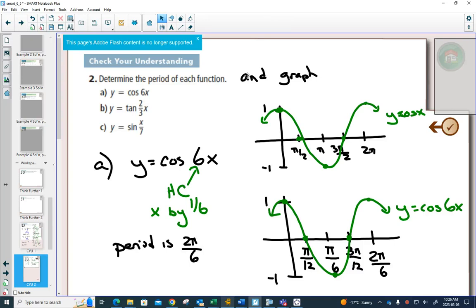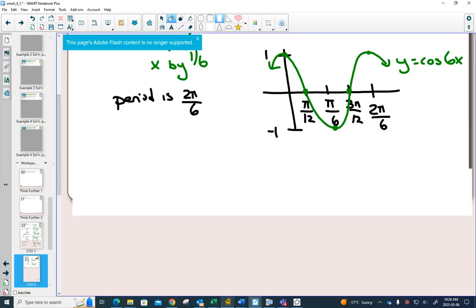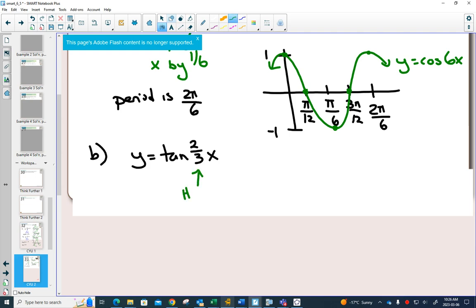Part B, tan of 2/3 x. We just had to go and add fractions, didn't we? Okay. Tan of 2/3 x, well, that 2/3 is going to be a horizontal stretch. You're going to multiply your x values by 3/2.